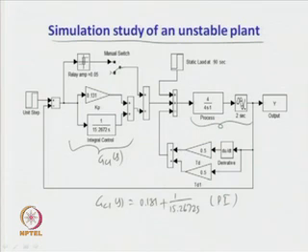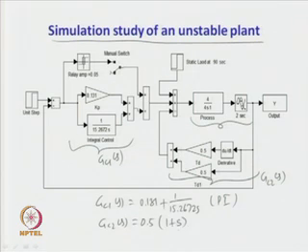What is the GC2(s)? The second controller is present here. This is the GC2(s). So, GC2(s) is nothing but a PD controller which can be given as 0.5 times (1 plus s). So, this is the PD controller we have for the online identification and control scheme.